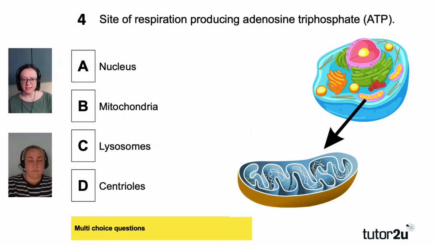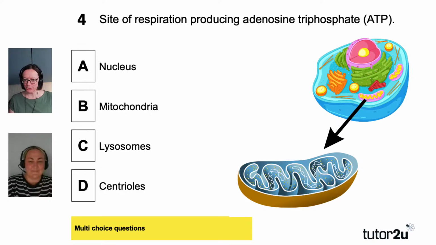This organelle is the site of respiration producing adenosine triphosphate, or ATP. So is that A, the nucleus, B, the mitochondria, C, lysosomes, or D, centrioles? So have a think, which ones is it not? We'll give it a little while to see if anybody answers. I very almost gave the answer to this one in the last one.